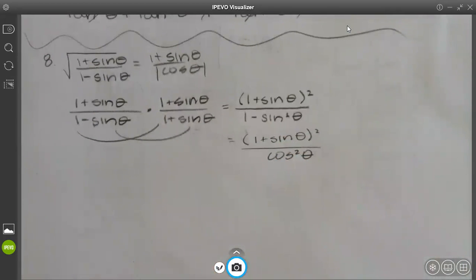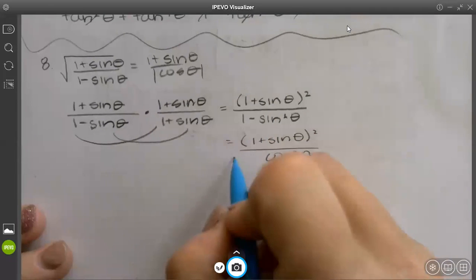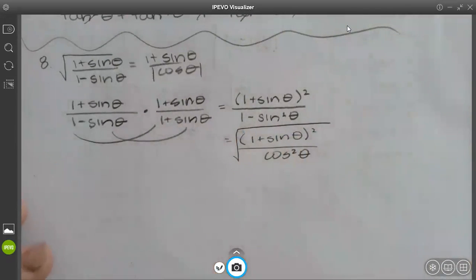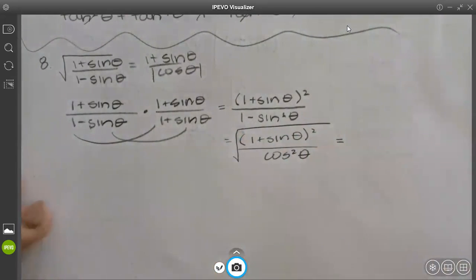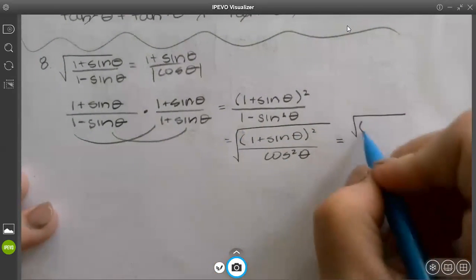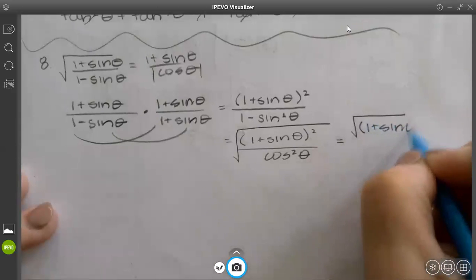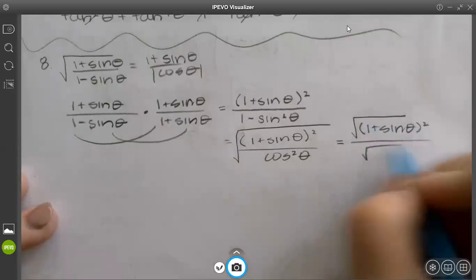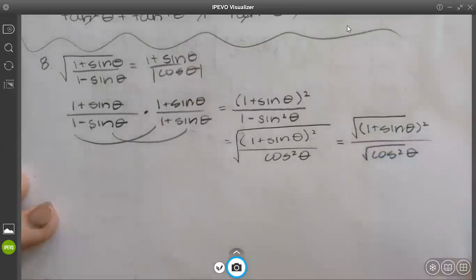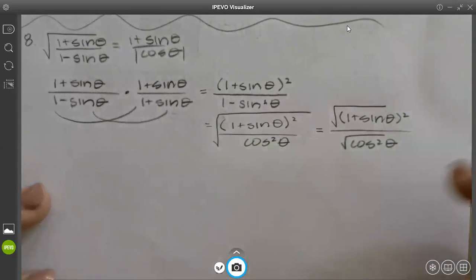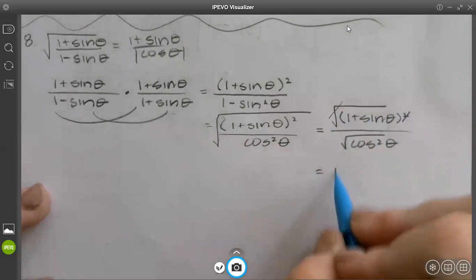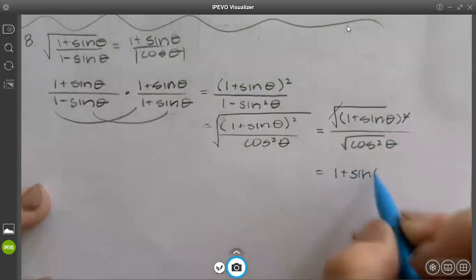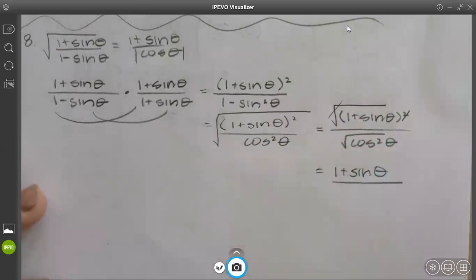What did I not work with? What happens when you have a square root and a square? So this is the same thing as the square root of (1 plus sine theta) squared over the square root of cosine squared theta. The square root and the square cancel out and leave you with 1 plus sine theta, and then on the bottom, what happens?